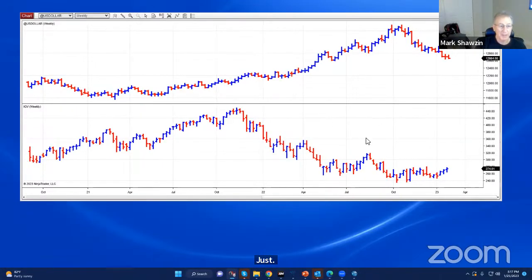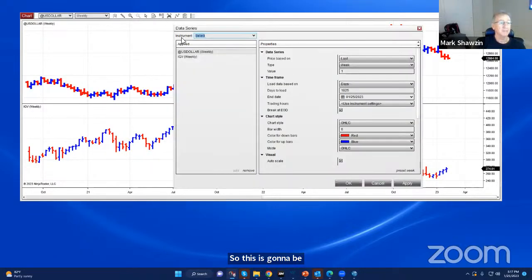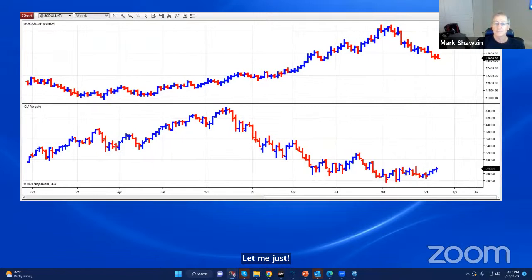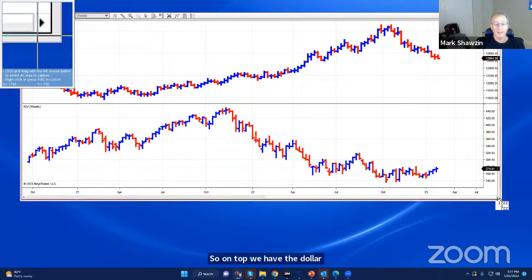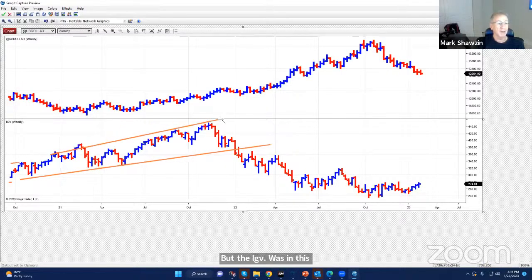This is going to be like previews of coming attractions. So on top, we have the dollar index, and on the bottom, we have the IGV. Now, we don't have the entire history here, but the IGV was in this ascending broadening pattern.